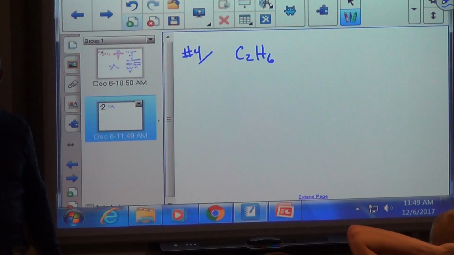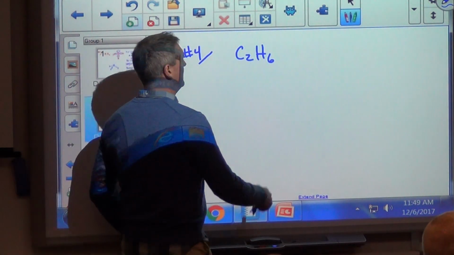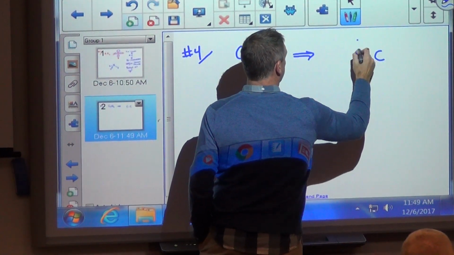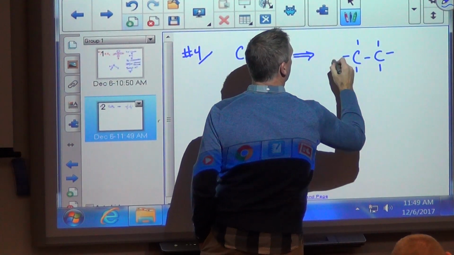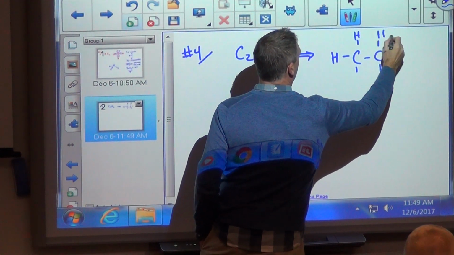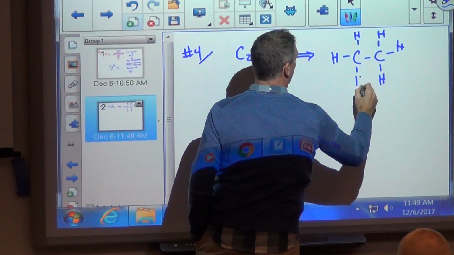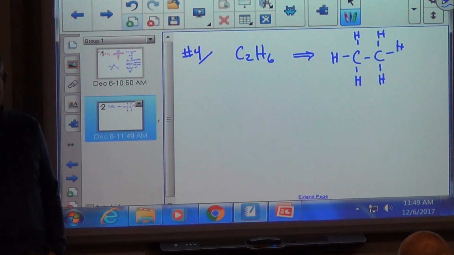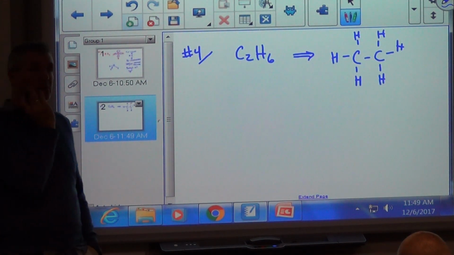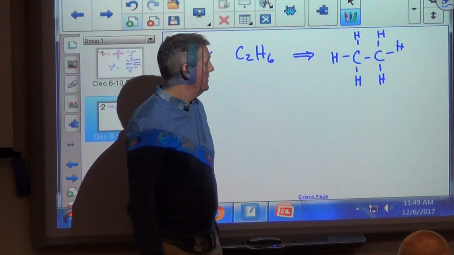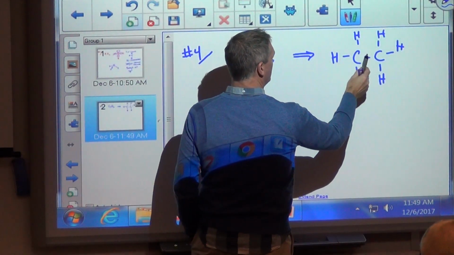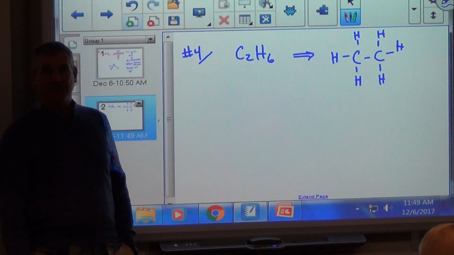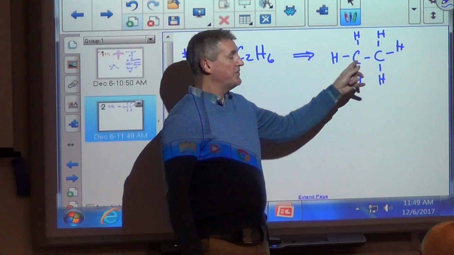C2H6. Lewis dot structure for that. Looks like that. Now we do not have 1, 2, 3, 4, 5, 6, 7 electron clouds around our central atom because we really have 2 central atoms here.